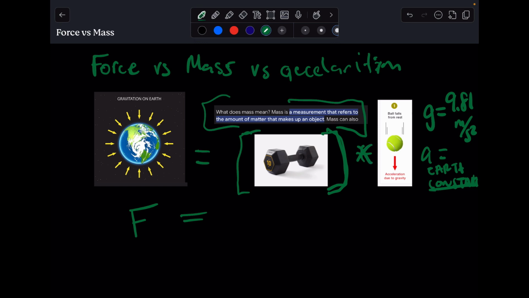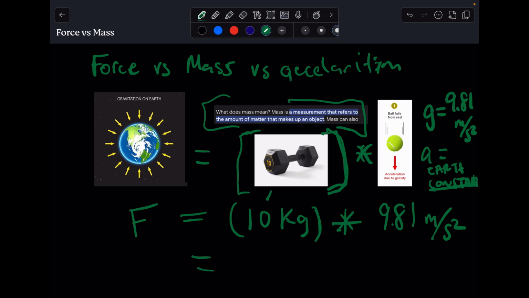So we put our 10 kg from the weight, and we multiply that by the acceleration on Earth, which is 9.81 meters per second squared. And that is going to give us our force.